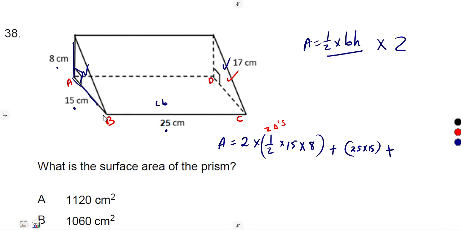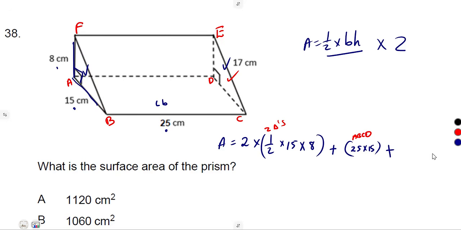Plus, remember we took this triangle, there is also a rectangle. Let's say this is A, B, C, D, this is E, this is F. There is this one from B to C to E to F. That one is a rectangle.